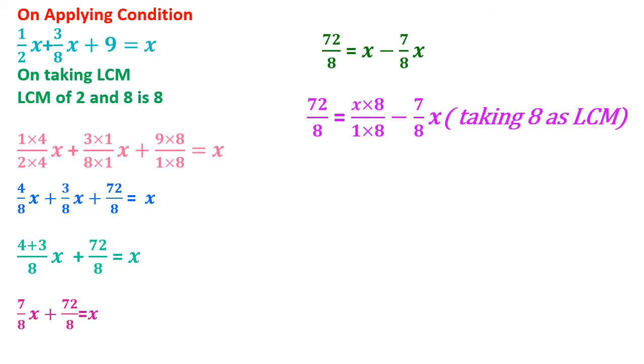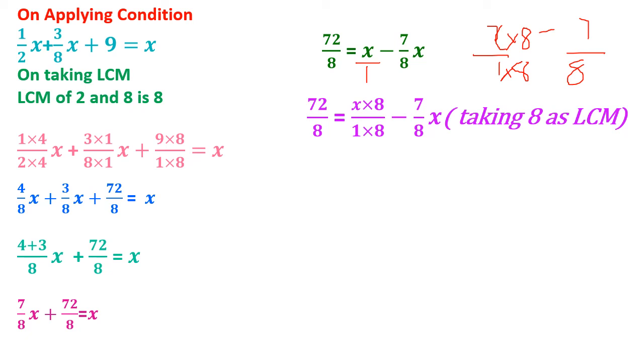Here you can see that x is not having any denominator. First, convert it into a rational number. When you convert this into a rational number, you will see that the denominators are not the same. So we will take LCM and will multiply this 1 with 8 to make common denominator. That is called taking LCM.